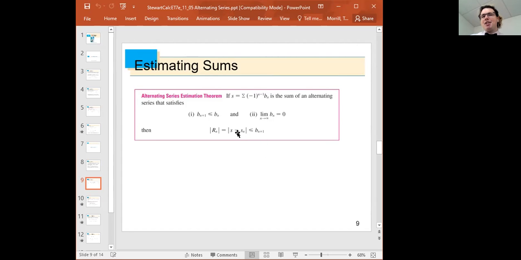As usual, s sub n is my nth partial sum. That's what I get from adding up the first n numbers. And we'll call the difference capital R sub n, R for remainder. Well, the absolute value of this remainder, or the absolute value of the truncation error, if you prefer, is going to be less than or equal to the very next step I'd have to take in the alternating series. So what is the size of the next jump?